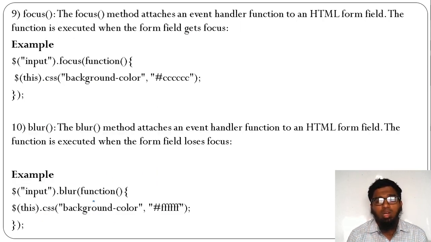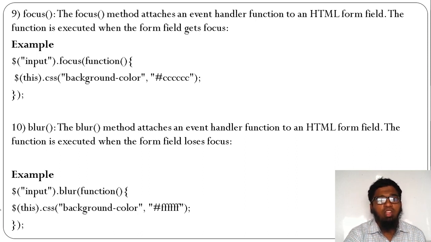What is the ninth one? The ninth one is focus. The focus method attaches an event handler function to an HTML form field. The function is executed when the form field gets focus.